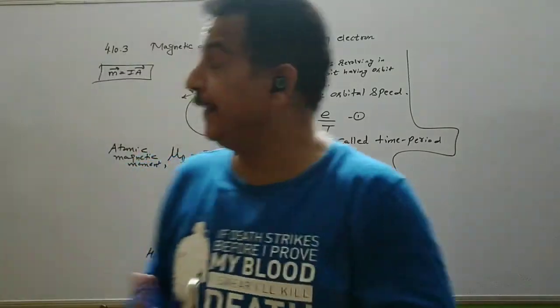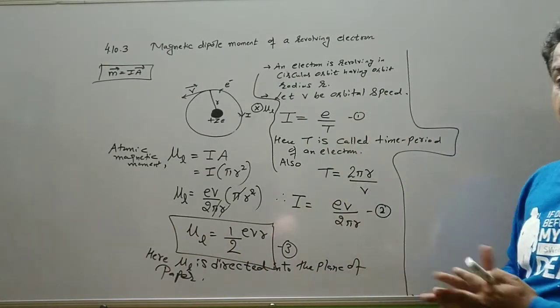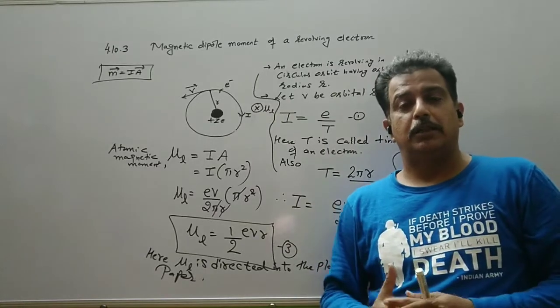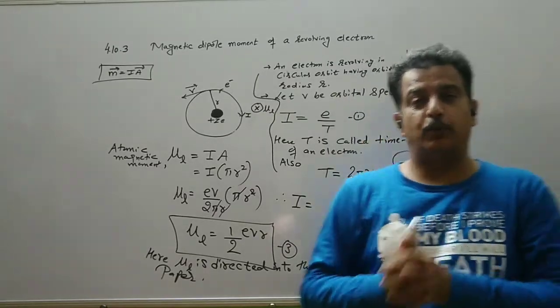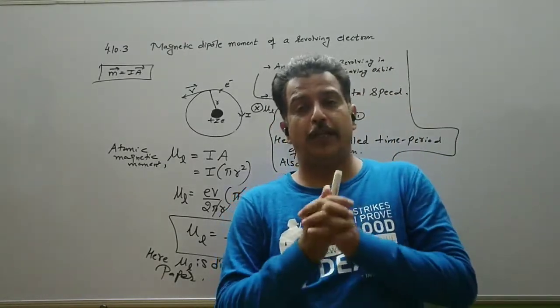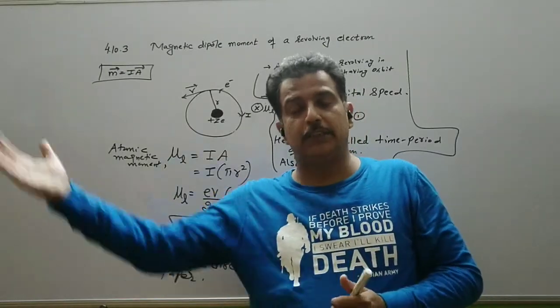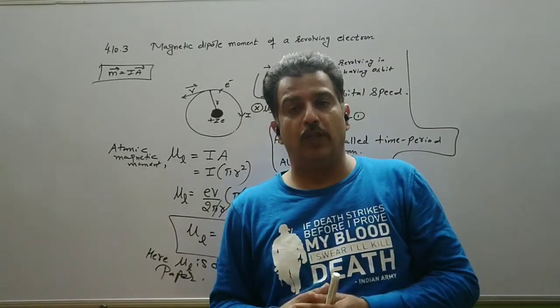Now let us see another concept, because when we talk about a Bohr atomic model, then we have the Bohr hypothesis. What was the Bohr hypothesis? Bohr hypothesis was that the angular momentum also assumes discrete sets of values. So like we have a quantization of electric charge, here we have a quantization of angular momentum.